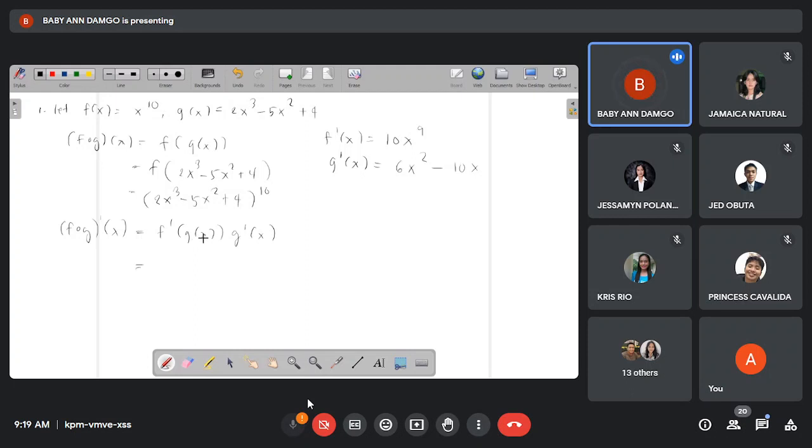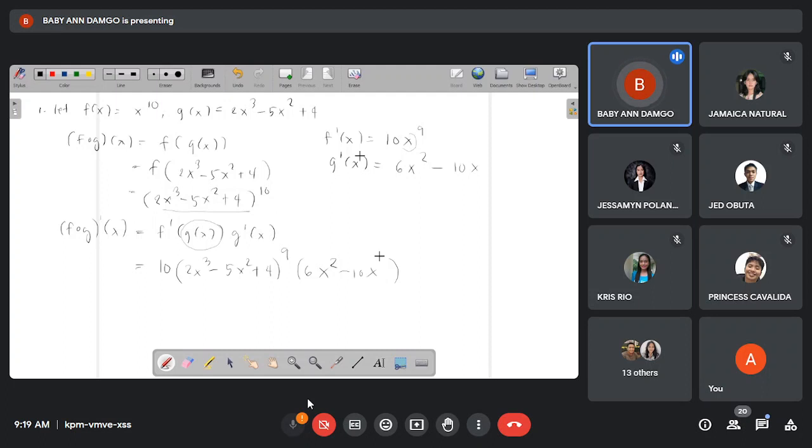So apply this. So this is 10 times 2x cubed minus 5x squared plus 4 to the power of 9 times the derivative of g of x, which is 6x squared minus 10x.